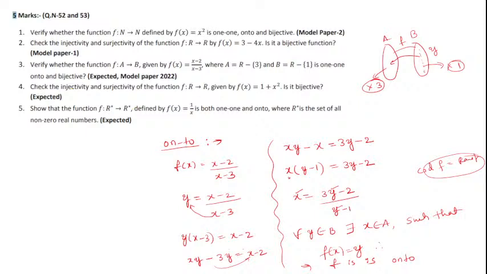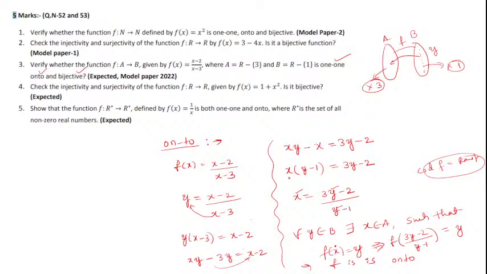onto. So here you must write an important statement, that is f of, in place of x you write this one, that is f of (3y minus 2) divided by (y minus 1), that is equal to y. Definitely. Okay? So this is how you need to check whether it is 1 1 and onto or not. Since my function is both 1 1 and onto, definitely it is a bijective function.